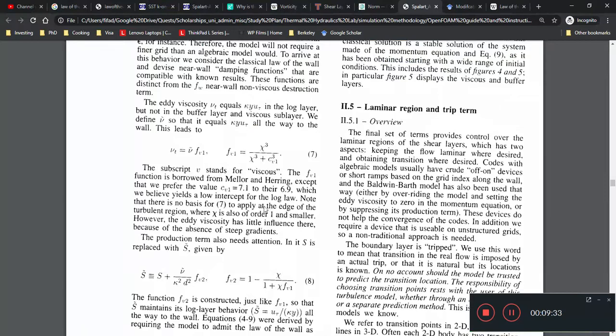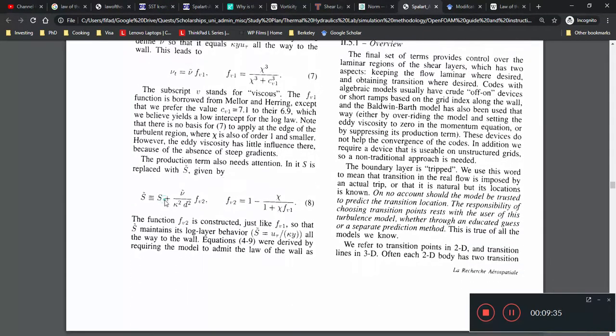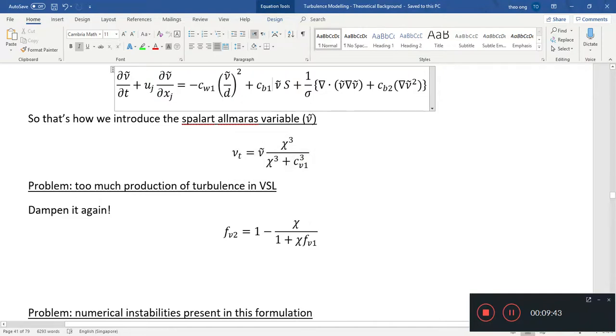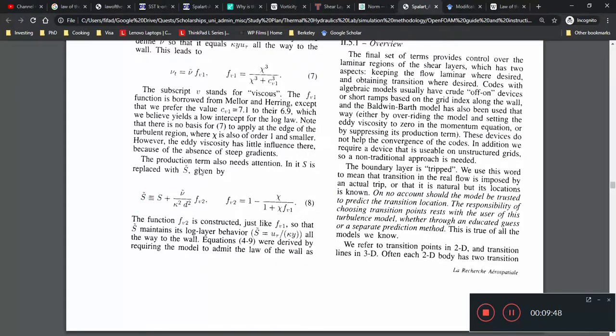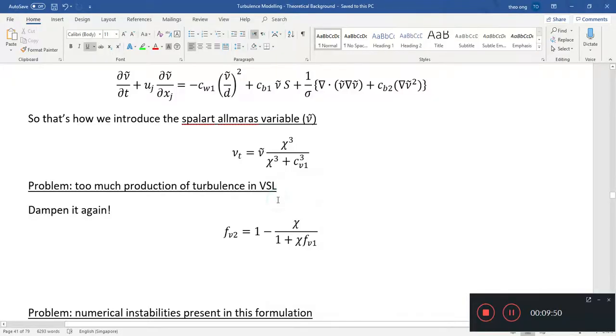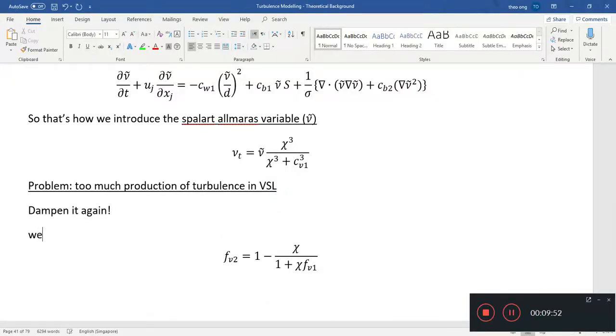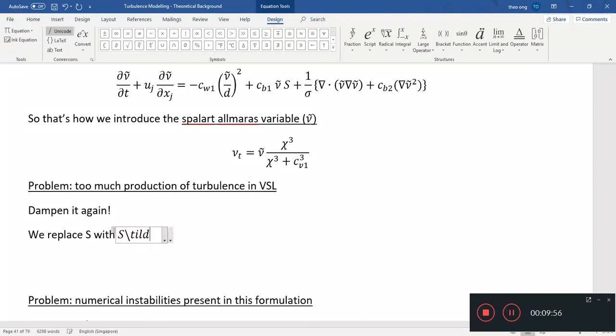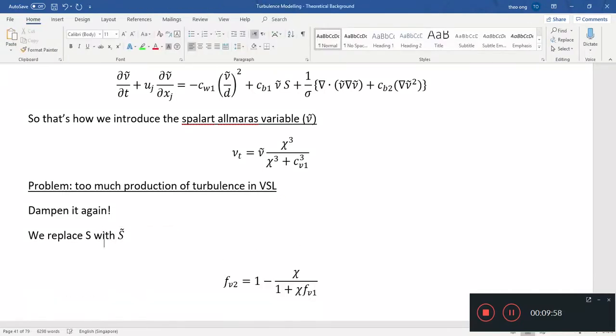How do they dampen it? Well, they use this kind of relation. They replace S in the equation with some S tilde.